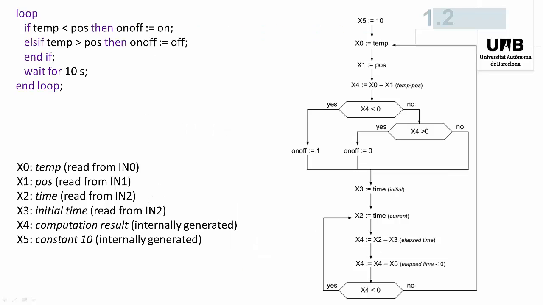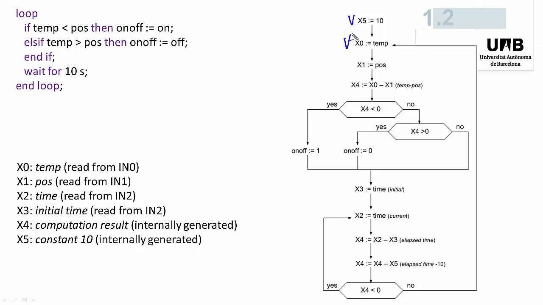Let us start the generation of the program, first under the form of a flow diagram. First instruction is the storing of constant value 10 in memory element x5.